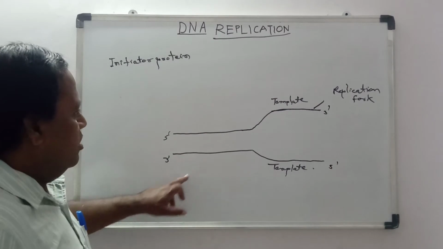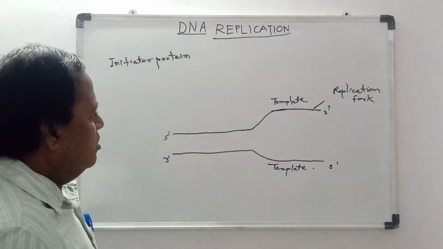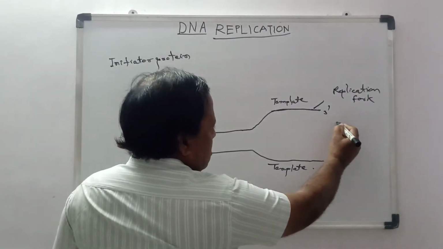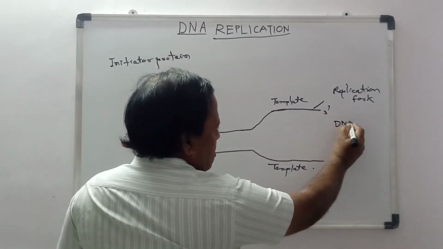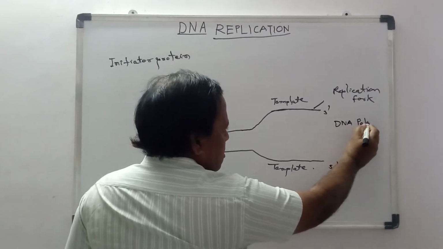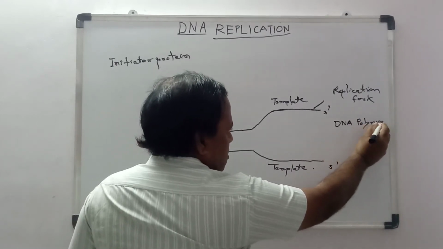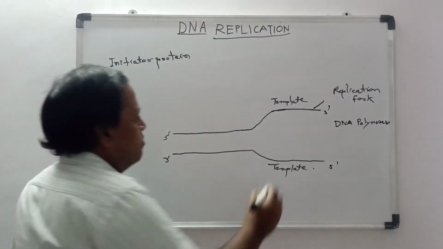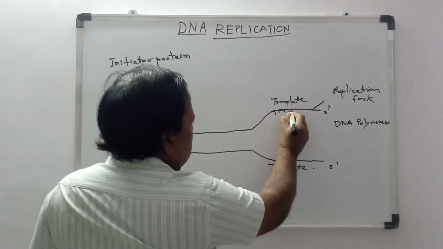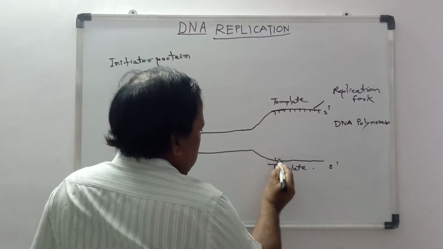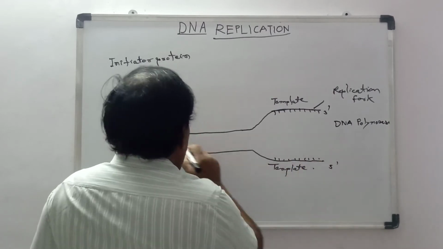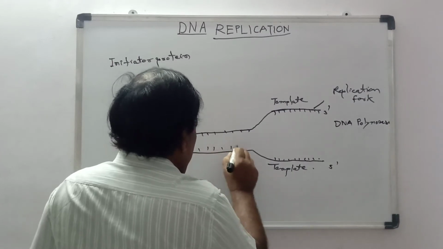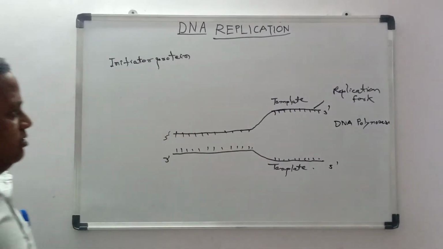Now the initiator protein has completed its job. Now we require another protein, that is called DNA polymerase. These are nucleotides. Here also there are nucleotides.